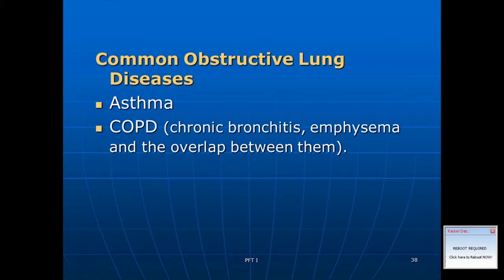They are often cyanotic, so we call them blue bloaters because they're blue. Usually these are very heavy-set people, and they obstruct because they have a lot of mucus production, again from smoking or chronic environmental factors.